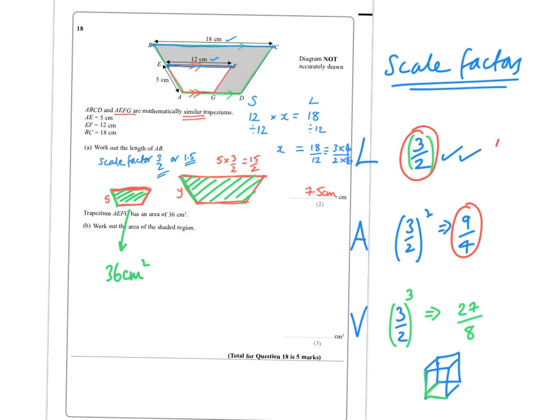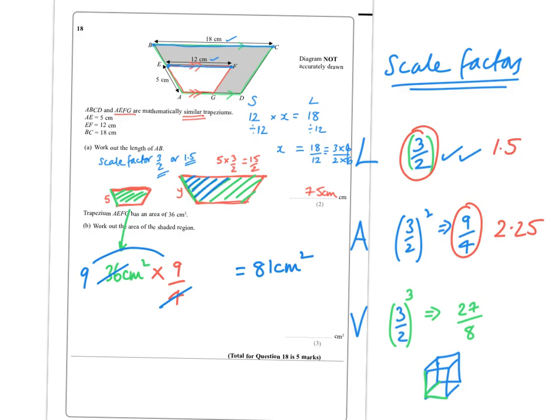And if you wanted to do that in decimals, then you'd have 1.5 all squared, which is 2.25. I prefer fractions, so we'd have 36 times 9/4, and 4s into 36 is 9, and I'd end up with 9 9s, which is 81 centimetre squares.